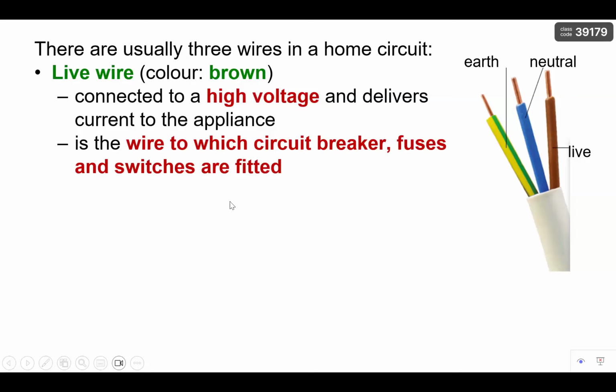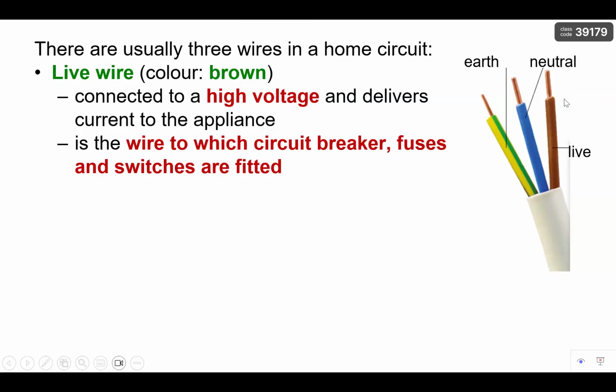So it is the wire that brings electricity to the appliances. Okay, and because it's the dangerous wire, it's also the wire where the circuit breaker, the fuse, and the switch are always fixed onto, the live wire.